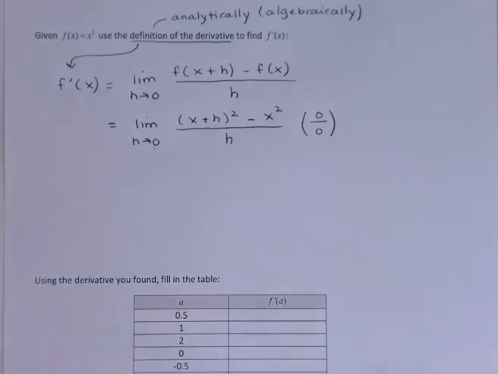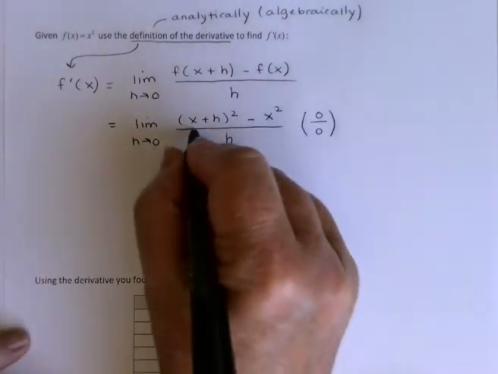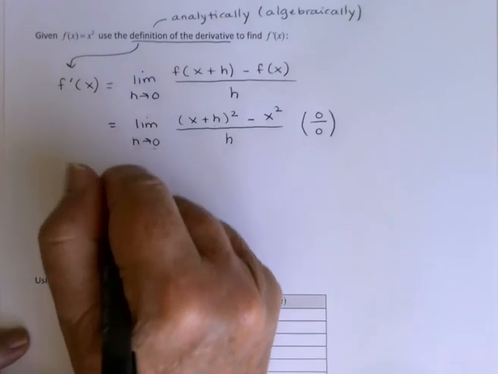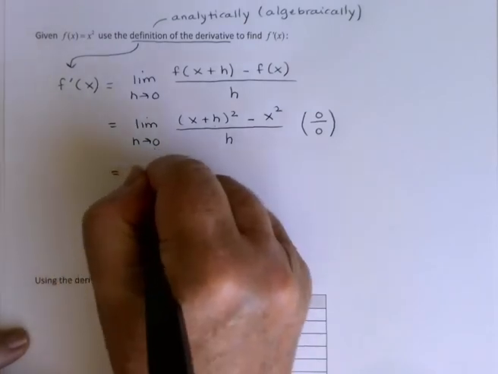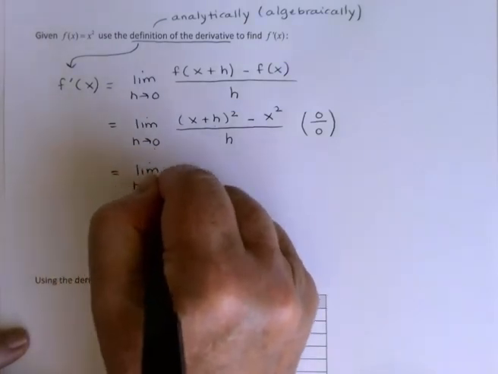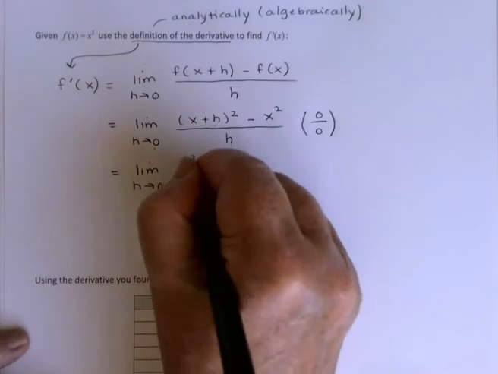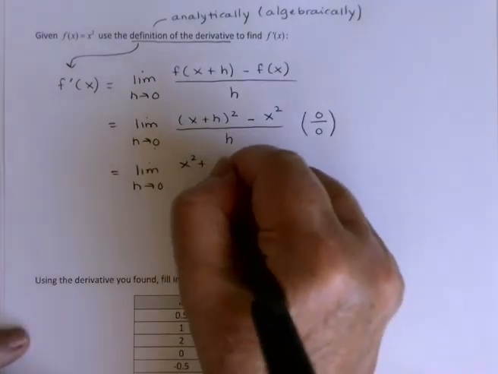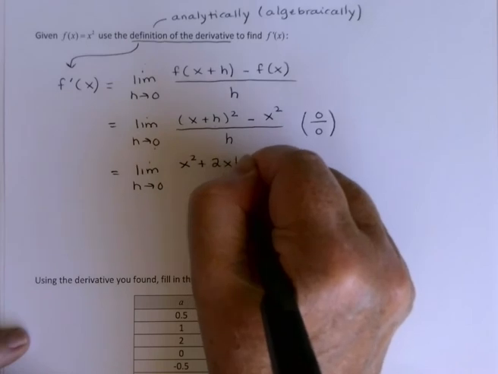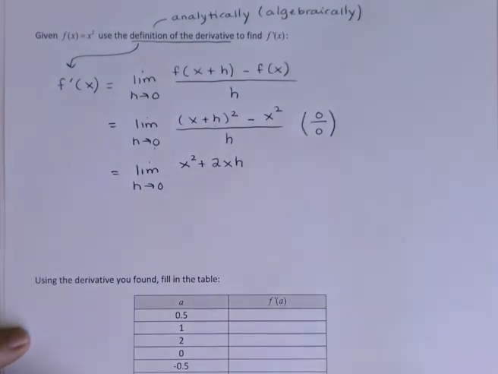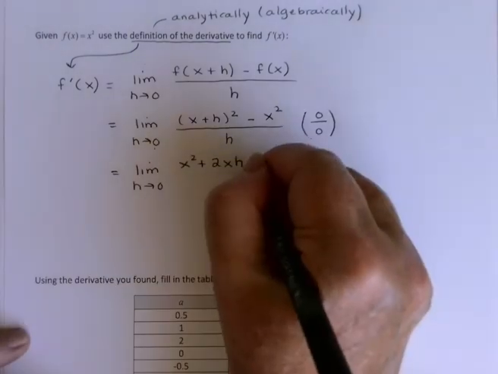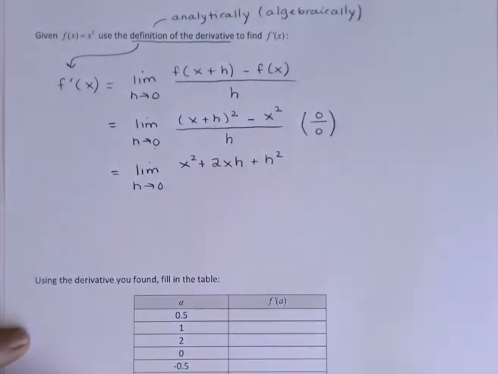In order to try and find the actual limit here, we're going to go ahead and do some algebra. And in this case, I'm going to square out that x plus h and see what happens. Squaring that would give me x squared plus, don't forget that middle term, 2xh, right? xh and another xh for the outers, so 2xh plus h squared.